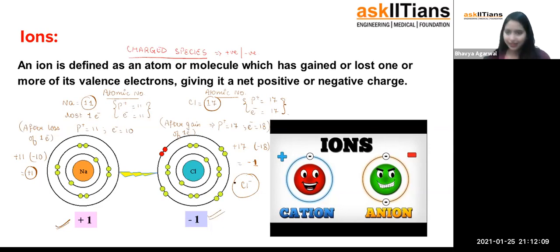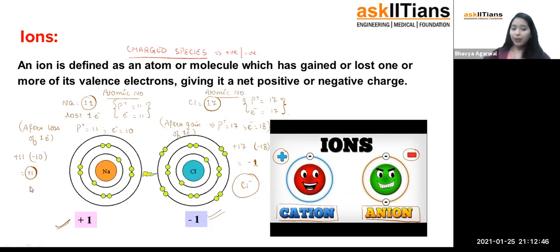Any ion which is positive in nature is known as a cation, whereas any ion which is negative in nature is known as an anion. So, are we clear till this?